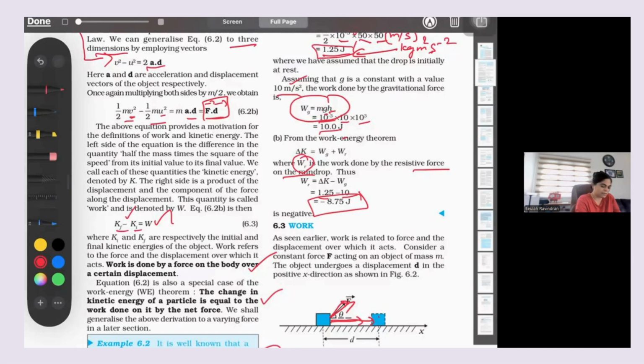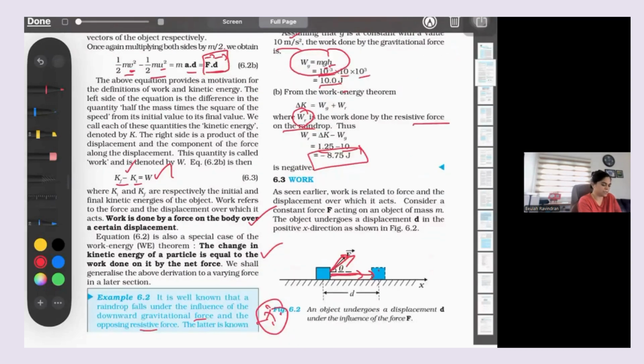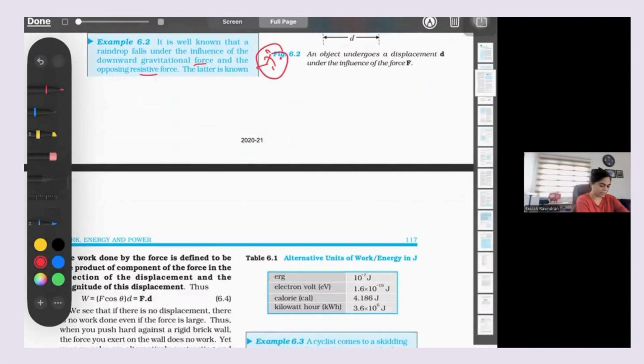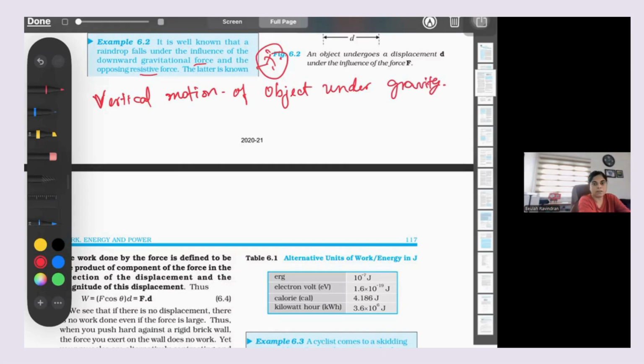Okay. And then there are some examples also given. Vertical motion of object under gravity. This is an example, right? So let me dictate you something. Take a note of this. Consider a case of vertical motion of object under gravity, when the body is projected upward.